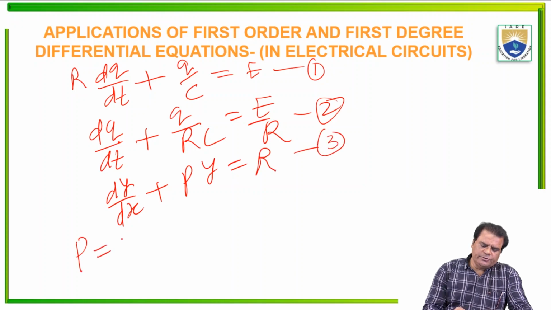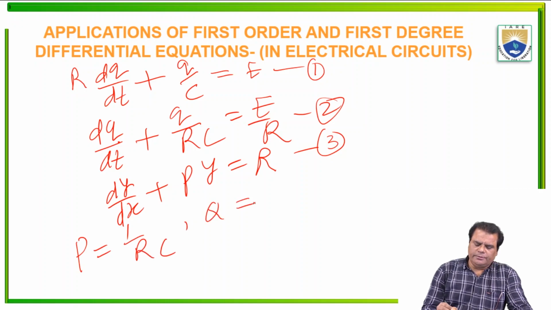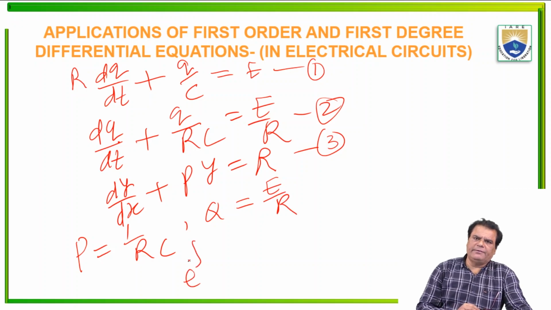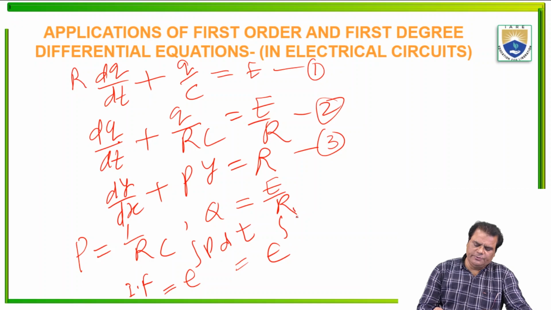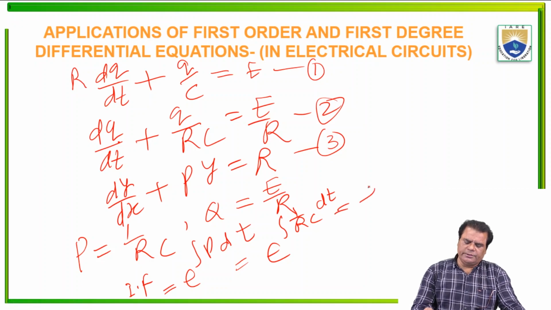So P is 1 by RC and Q is E by R. So the integrating factor is e to the power integration of P dt. So now IF is e to the power integration of 1 upon RC dt. So this is e to the power t upon RC.